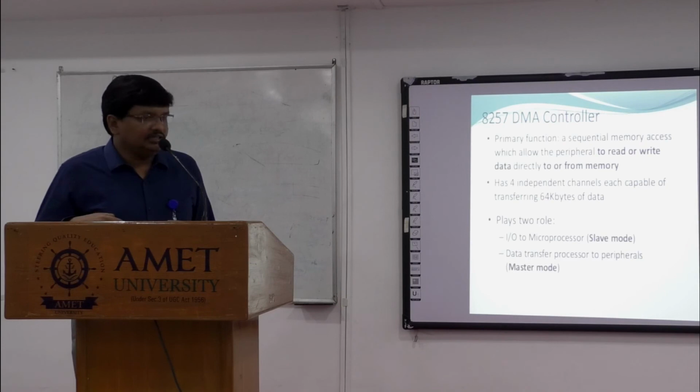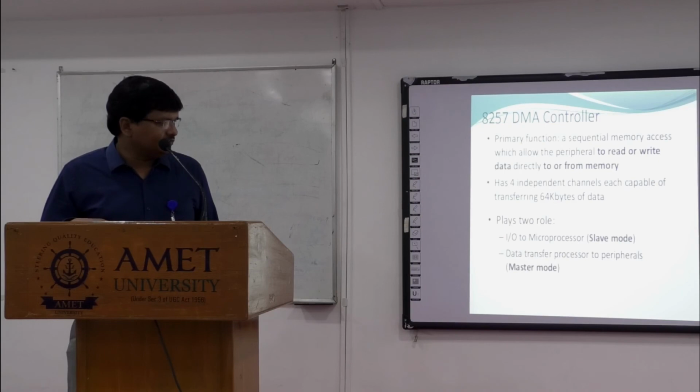Another important key feature of 8257 is that its primary function is sequential memory access, which allows the peripheral to read and write data directly to and from the system. We have discussed that 64 kilobytes of data transfer takes place. This DMAC controller can play two major roles: it can act as a slave as well as a master.